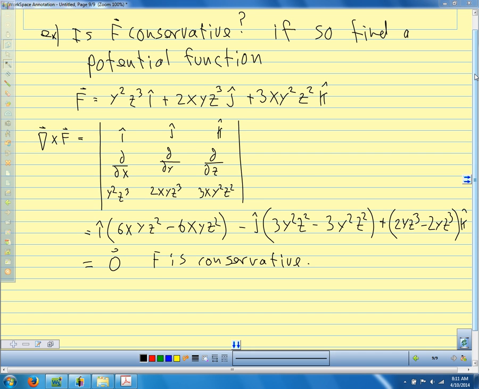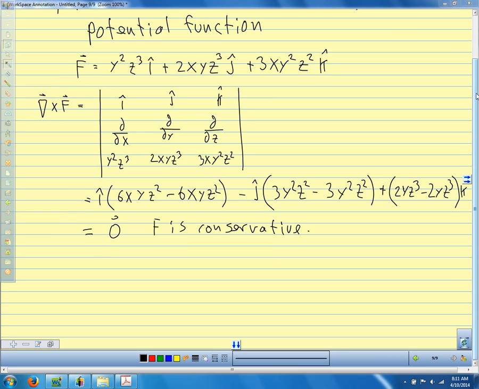To find my potential function, I'm going to integrate this component with respect to x, integrate this component with respect to y, and integrate this component with respect to z. So we know that f is conservative.